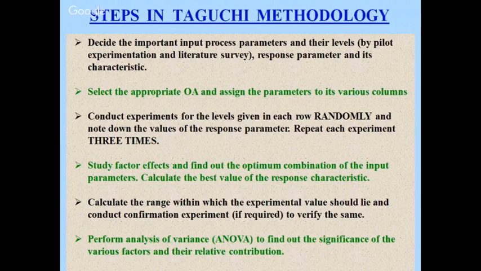But for the type of response you have selected, the level range in which it is getting most affected, that you have to decide. Again, you can do it by pilot experimentation or literature survey. Maybe you find out that from 60 to 90, the lower range of voltage is not very important for me, and the highest range of voltage is also not very important for me.